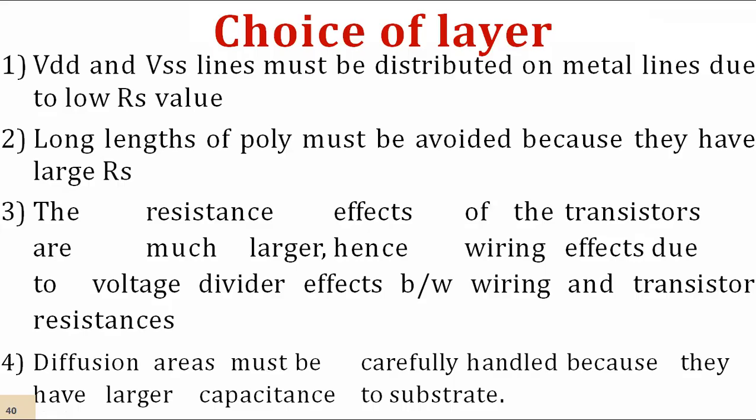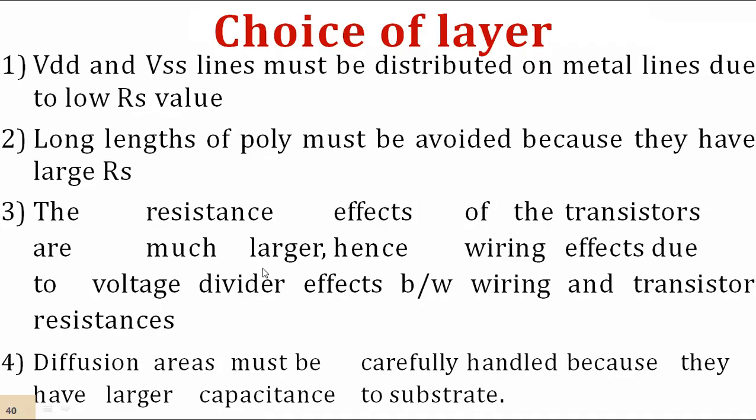If you reduce the diffusion area, then the peripheral capacitance increases. They are interrelated. So diffusion area must be carefully handled because they have larger capacitance to substrate.